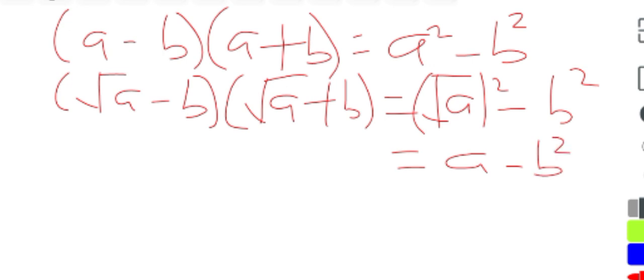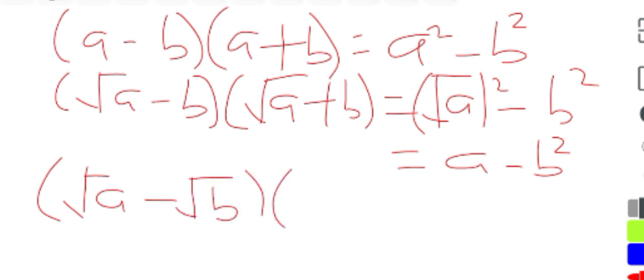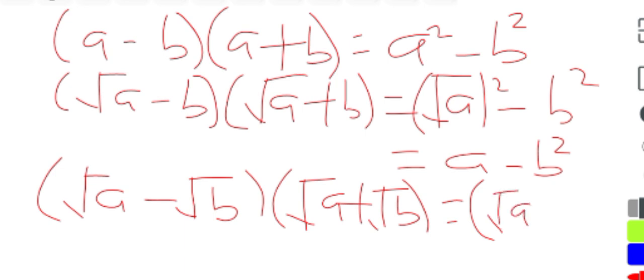Okay, now let's look at root a minus root b being multiplied by root a plus root b, and this is going to give us root a all squared minus root b all squared. And this is going to give us a minus what? B. So with this, we are going to look at conjugates of surds.